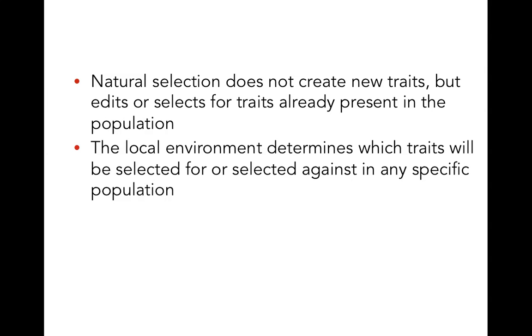So an organism is not going to invest that energy in maintaining that gene if it doesn't have to, because it's a waste of energy if you're not being subjected to that environmental pressure. So the local environment is going to determine what traits are going to be selected for or against within a population.